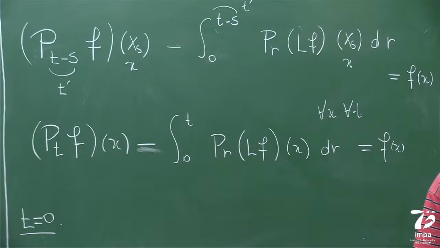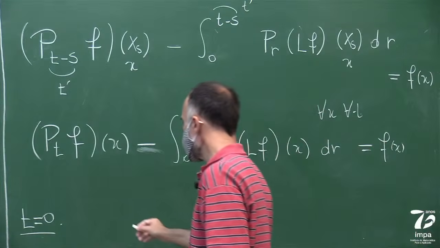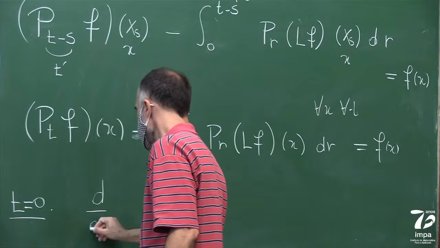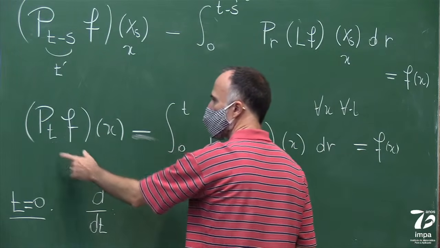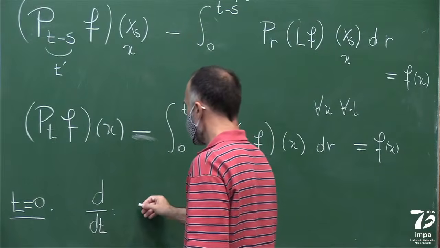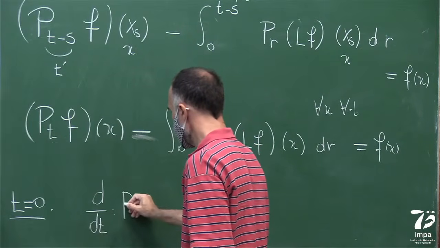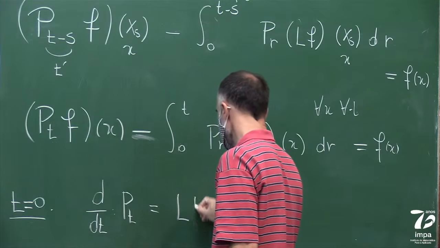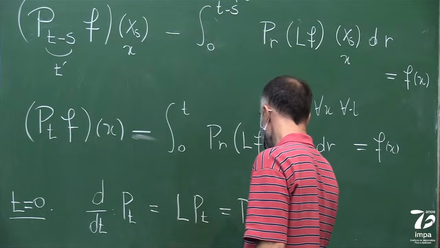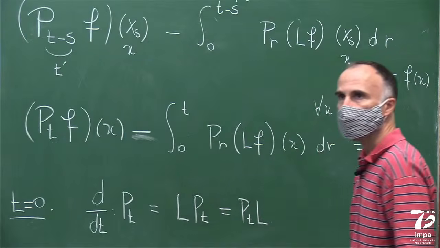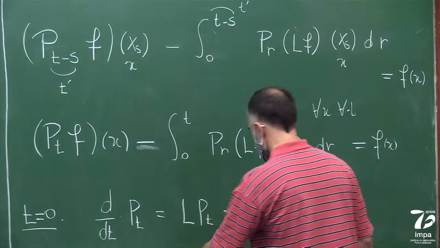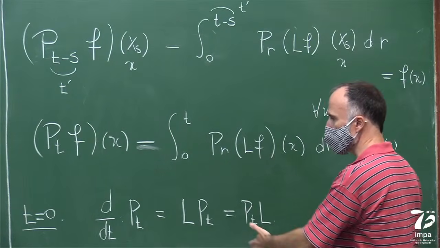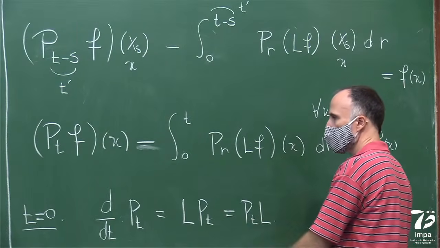Okay? So this identity holds at time 0, and if now I take the derivative in t of this expression, remember, d/dt of P_t, we proved that it's either LP_t and it's also P_tL. We proved that. This is what we call the Chapman-Kolmogorov equations that we proved.